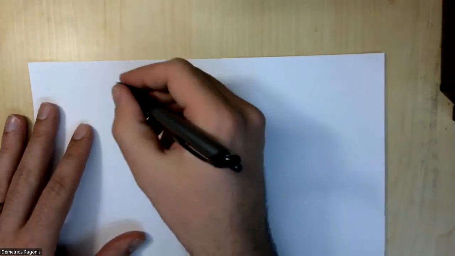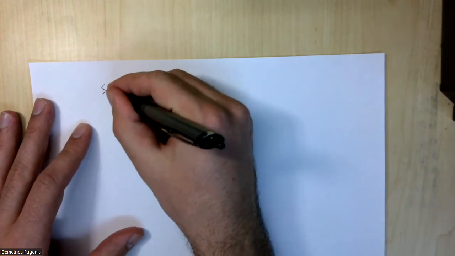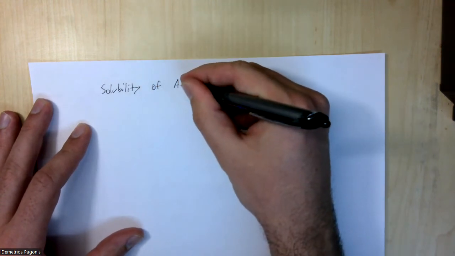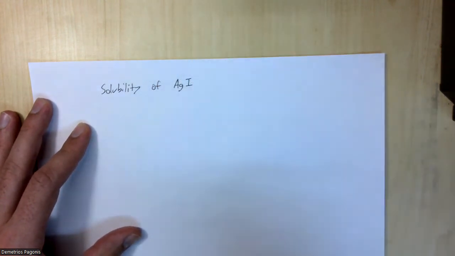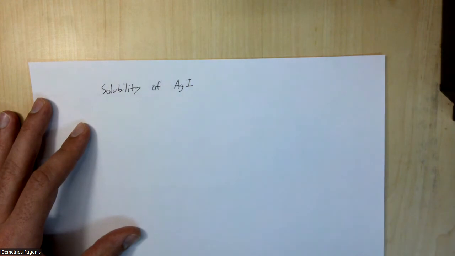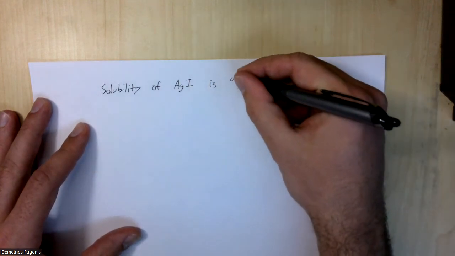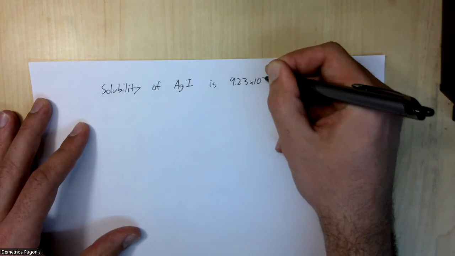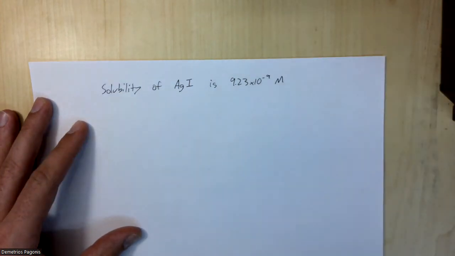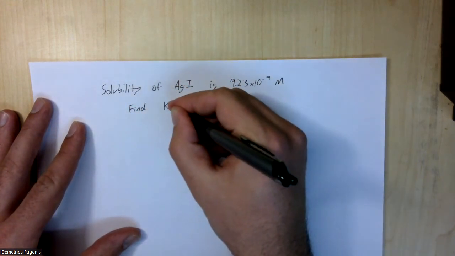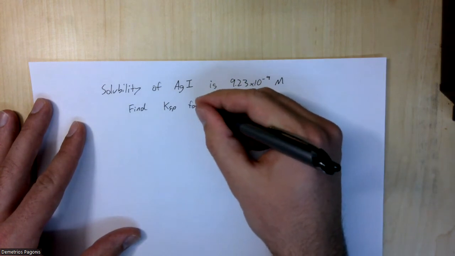So if you have the information that the solubility of silver iodide, AgI, silver 1 iodide, is 9.23 times 10 to the minus 9 moles per liter, you have all the information you need to find the Ksp value for silver iodide.